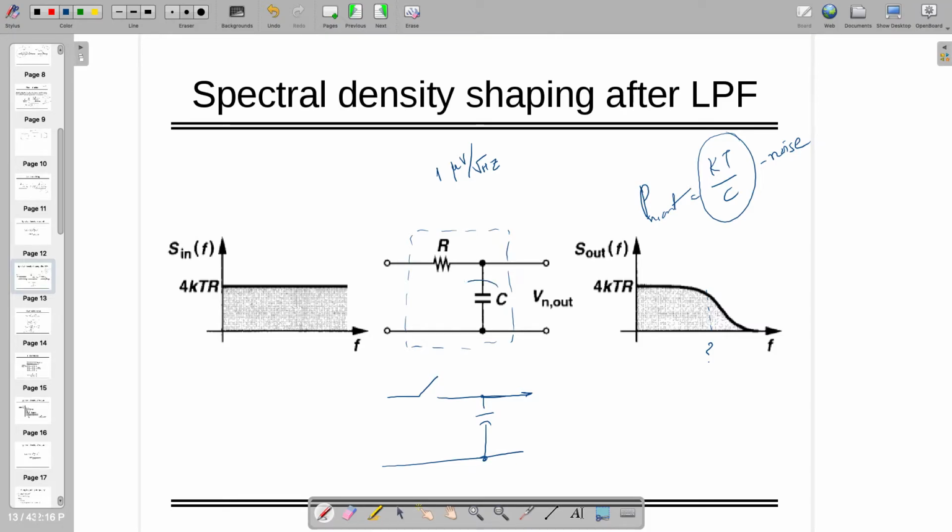Yeah. So increasing resistance will not help you at all, because the power of such a system is equal to kt by c. It depends on Boltzmann constant, T is temperature, and C is capacitance. So capacitance you can increase, no problem. If you increase capacitance, you are going to have a decrement in your noise, right?